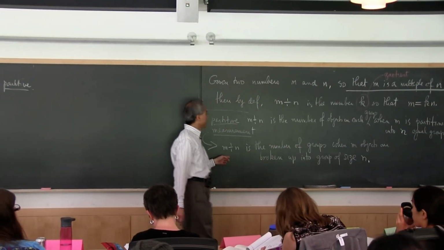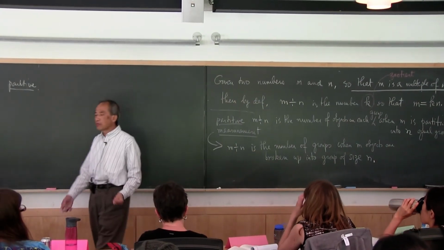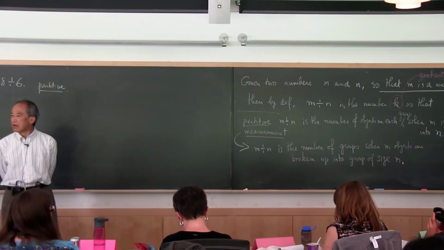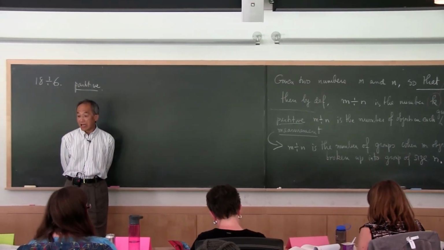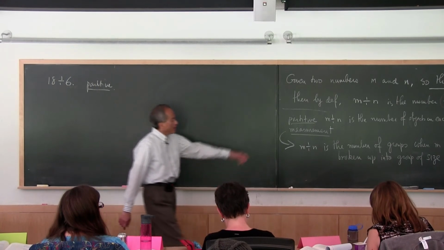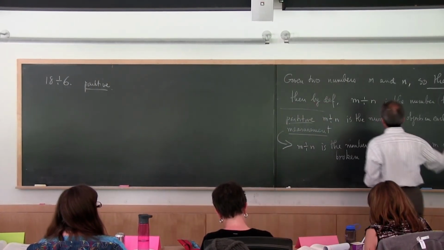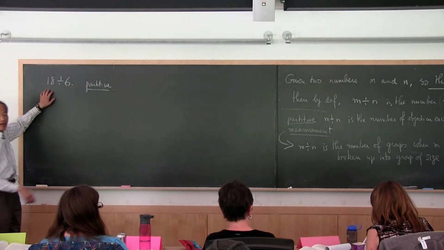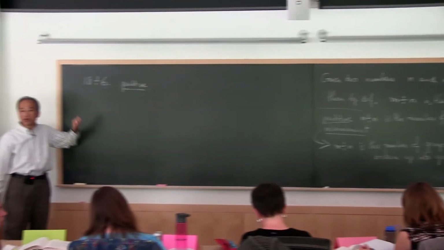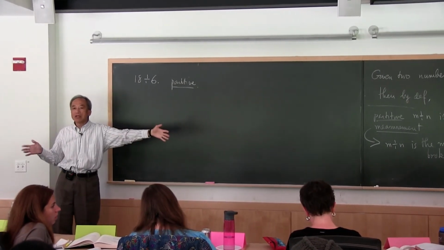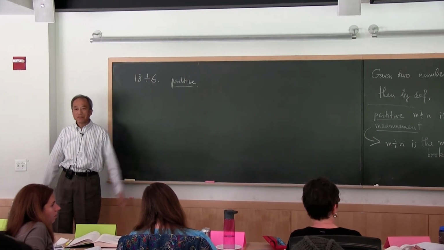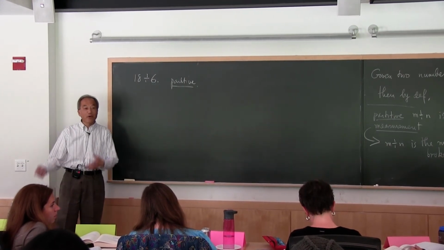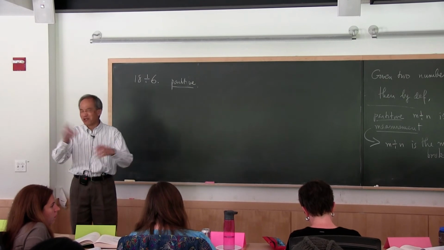The measurement interpretation is the opposite. By the way, you know why it's called a measurement interpretation? It's exactly measuring. We were talking about 18 and 6. Suppose you have a piece of wood, 18 feet. You want to make tables of length 6.